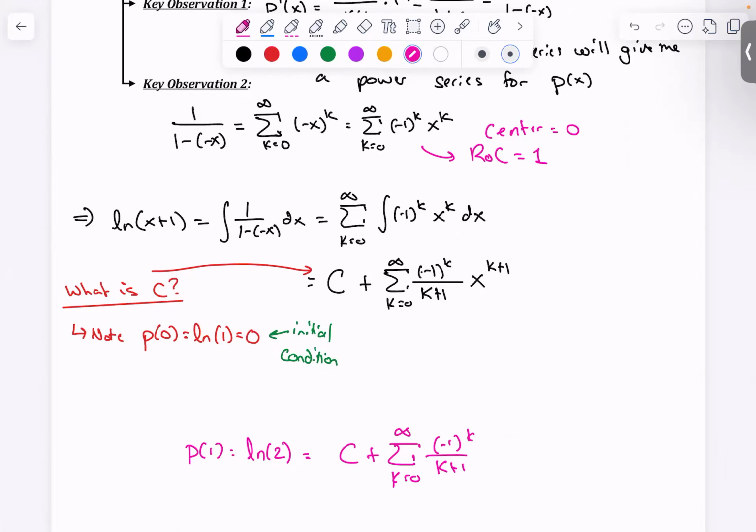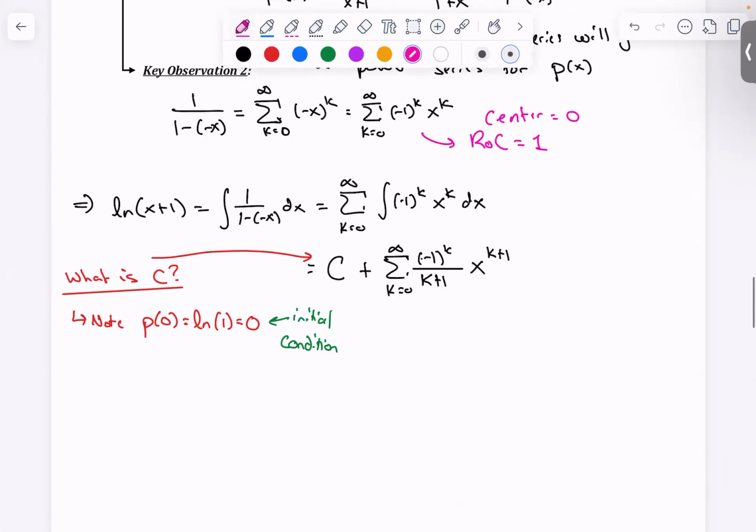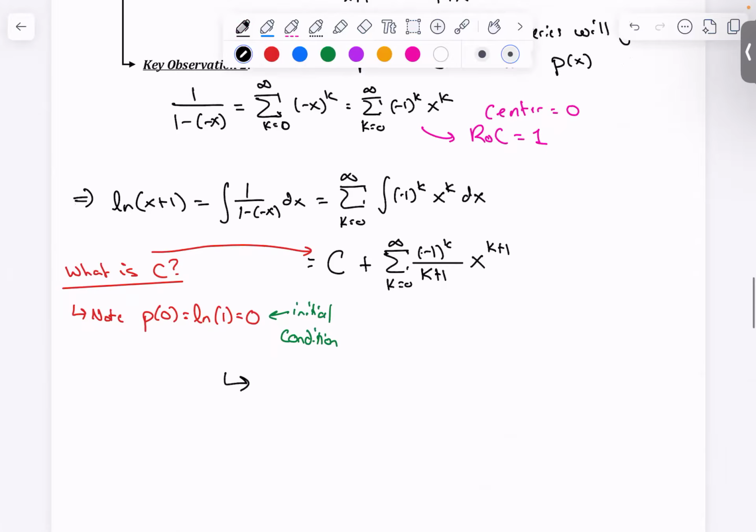But the problem is, right at this moment, I have no clue what this equals, so I can't use this to solve for C. With 0, I am able to plug it in and find a specific value. So, utilizing this, I have that C plus the sum from k equals 0 to infinity of -1 to the k over k plus 1 times 0 to the k plus 1, which equals C plus 0, must equal 0.